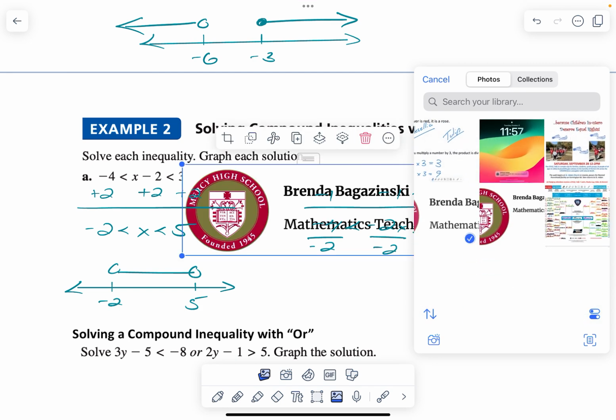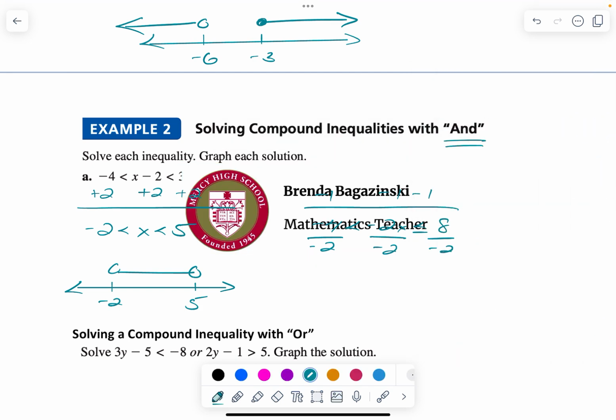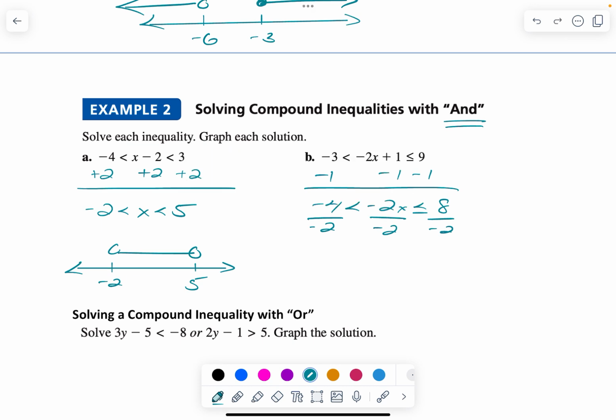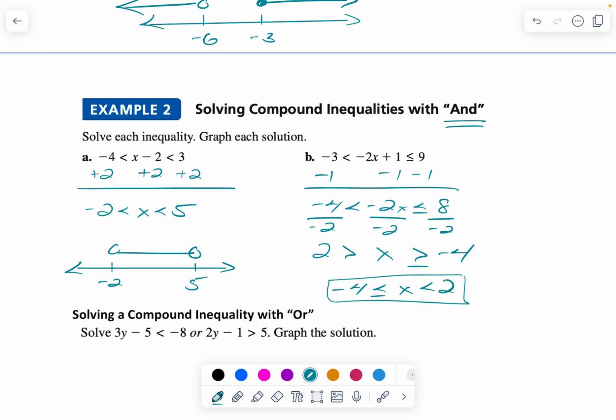All these inequalities are going to flip. So this is going to be 2 greater than or equal to x greater than -4, or we could rewrite it as -4 less than x less than or equal to 2. This one makes a little more sense because it's in the right order: -4 is on the left, 2 is on the right, and it is still the sandwich.